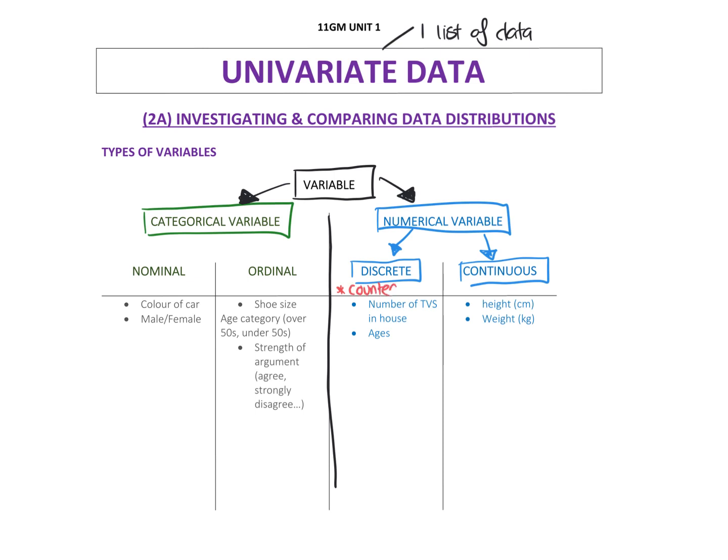So if you have a look at the examples underneath, say we asked everyone in the class, how many TVs have you got in your house? You would have counted how many TVs you had. So discrete means it's like a whole number. I might count how many pets you have, and that's it.